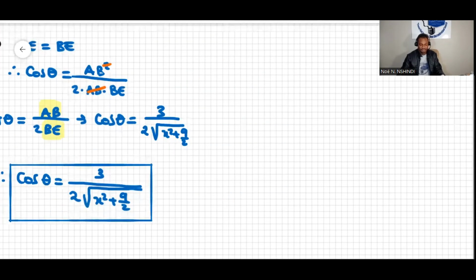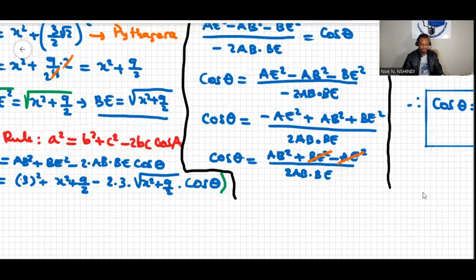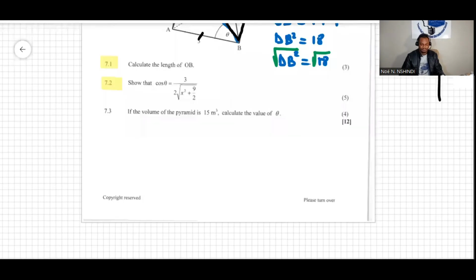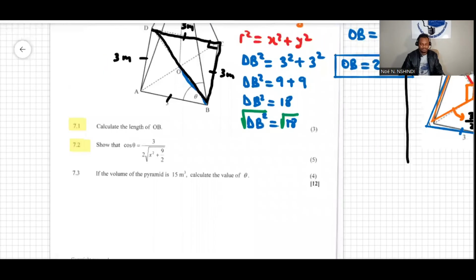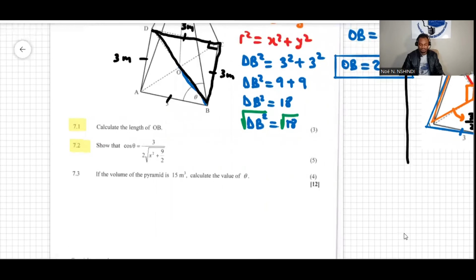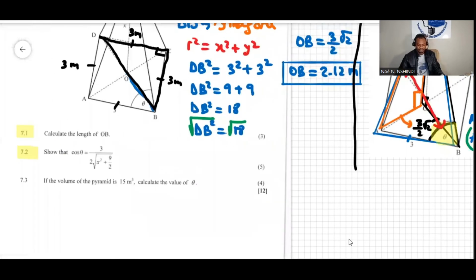We have another question. It's 7.3. Let's see what they say. The question says that if the volume of the pyramid is 15 meters cubed, calculate the value of theta.